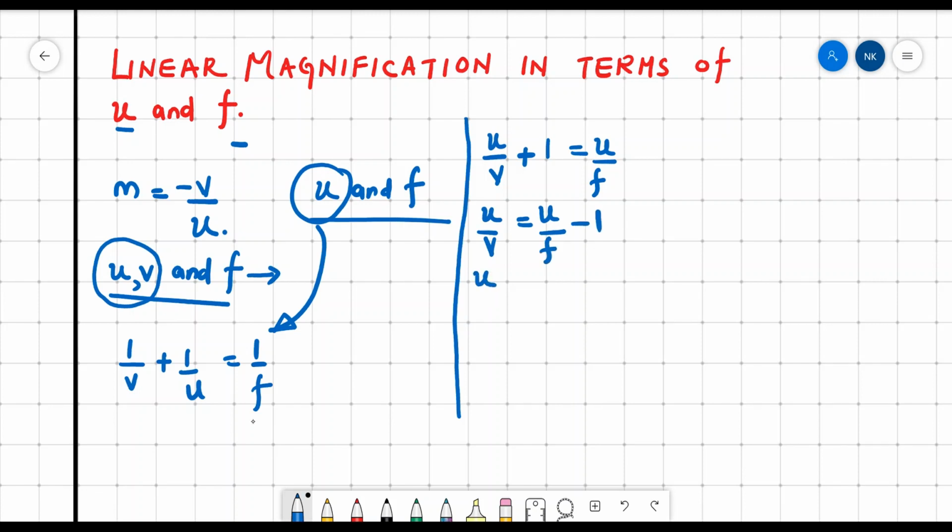Here this is U by V equals U minus F upon F.